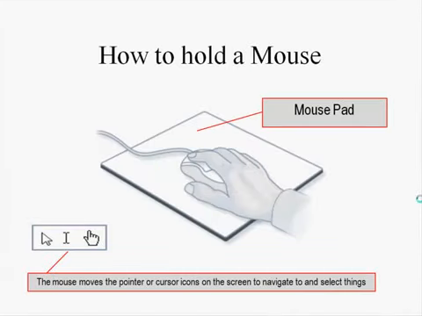You hold the mouse by laying your hand gently over it. The illustration shown here is for a right-handed person. And when a right-handed person lays their hand on the mouse, their index finger falls naturally on the left button area of the mouse. Now, for a left-handed person, it would be, say, the ring finger that would fall over the left button.